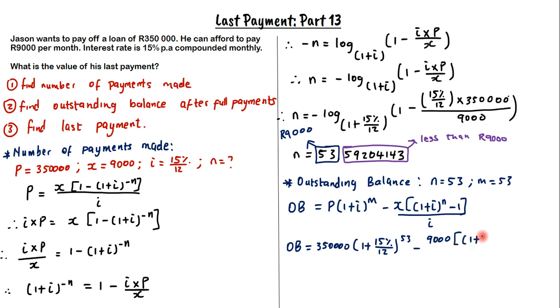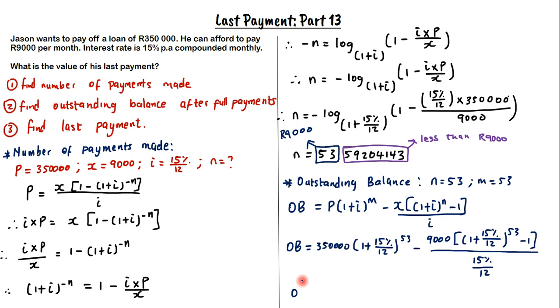Now I'm going to subtract 9,000 rand into ((1 plus 15% over 12) to the power of 53 minus 1) over 15% over 12.